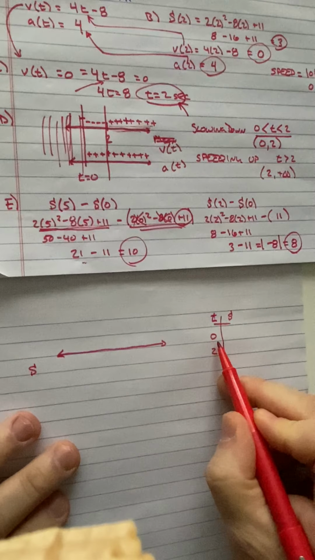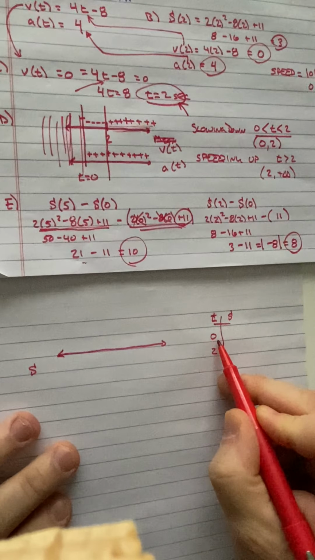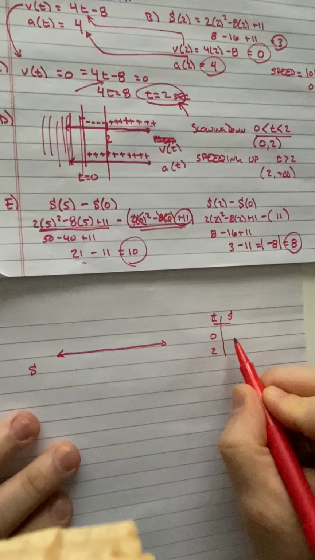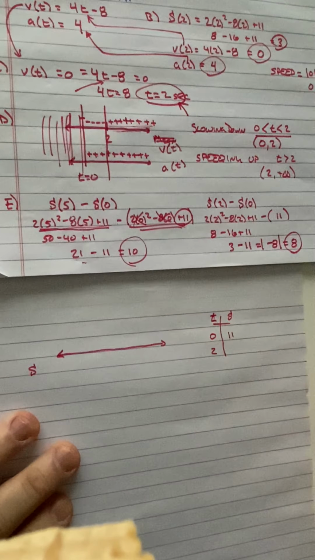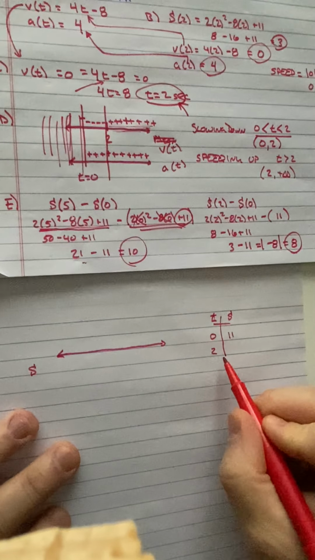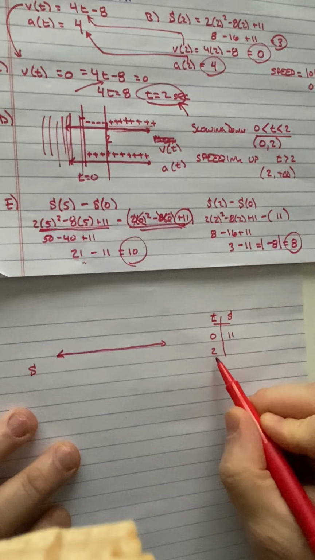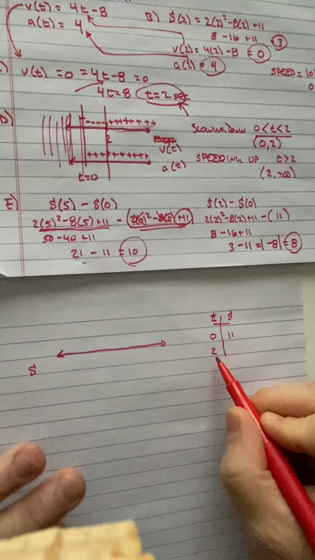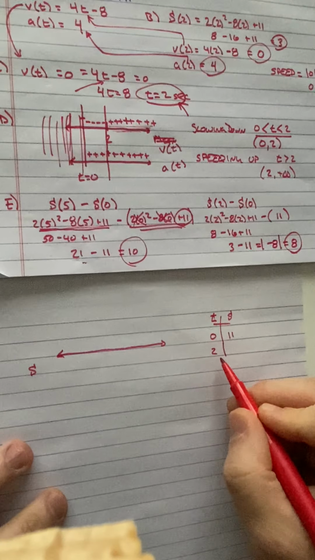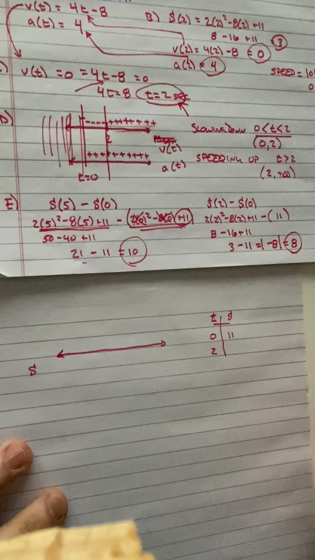Sending 0 to the position function. Again, make sure that you send it to the right function. This, we want to know its position. When you do that, you get an initial position of 11 units. So it's 11 units to the right of the origin. Shoving in t equals 2, you will get the position at that.